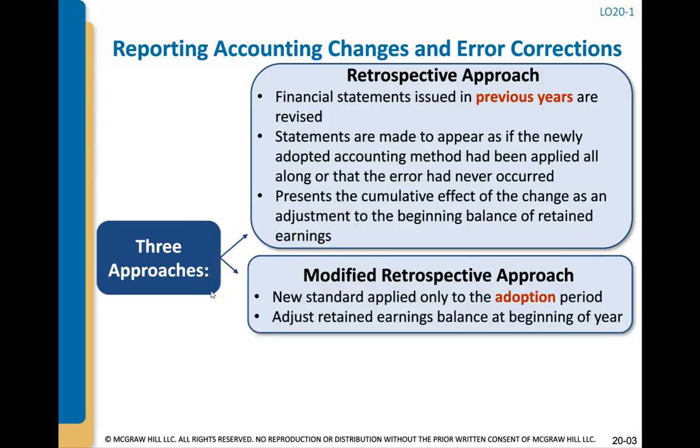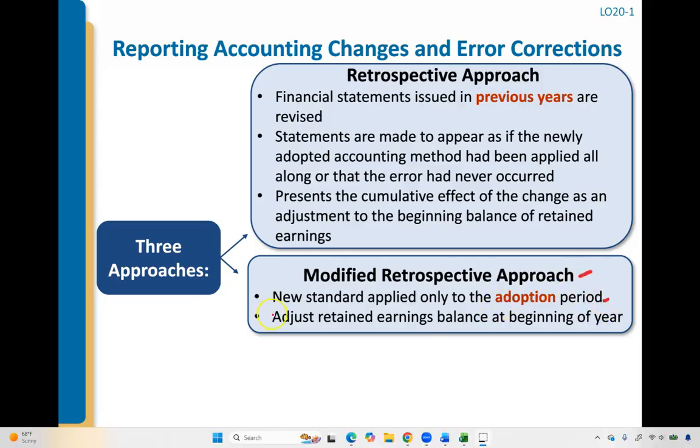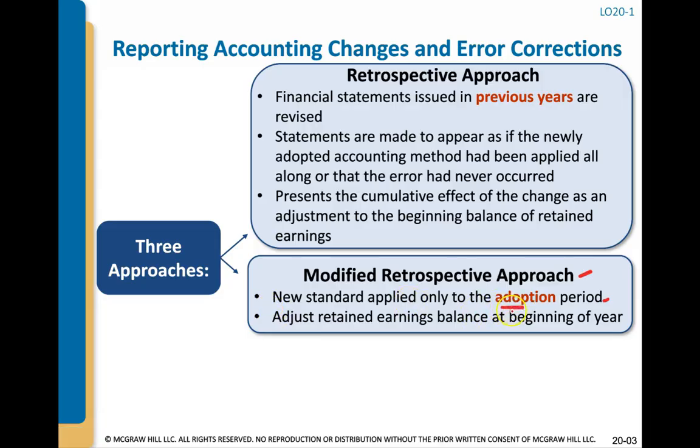The other approach is a modified retrospective approach, and that is when a brand new standard is applied, you don't have to restate the prior years. You only begin applying it to the year of adoption, but in that year of adoption, your retained earnings has to be adjusted to reflect almost as if that rule had been in place all along.